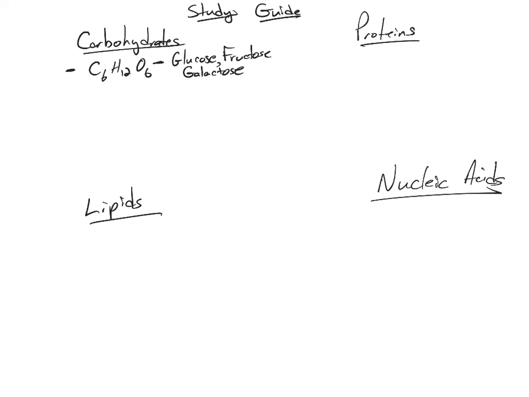And we talked about another -ose, ribose, a lot, especially at the end of the video. Ribose is another carbohydrate, another sugar. These are 6 carbon sugars, right? This one's a 5 carbon sugar.